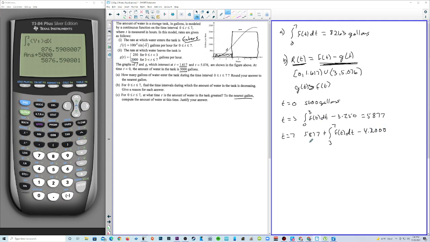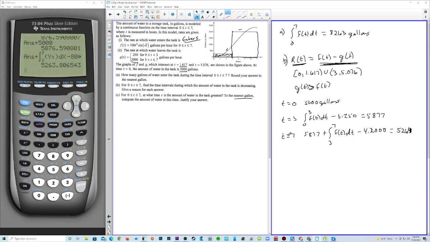Well, we have this amount in our calculator, and we're going to add in the amount of water that goes into the tank. So number 9, and we're going from 3 to 7 of variables, y1, dx, and then we're going to subtract out that 4 times 2,000, or 8,000. So when t is 7, there are 5,264 gallons in the tank.